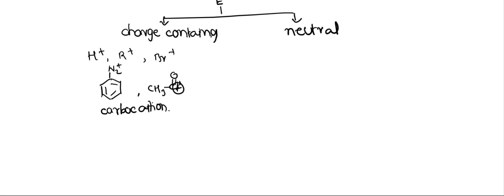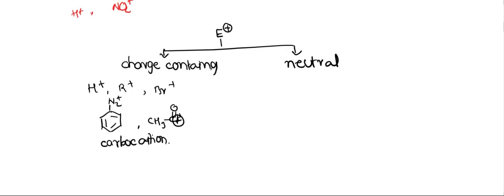And let us see how a neutral compound can act as an electrophile. An electrophile in the neutral case is, for example, a molecule containing a vacant p orbital.